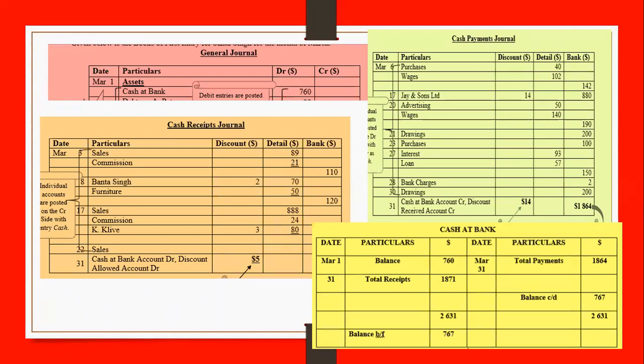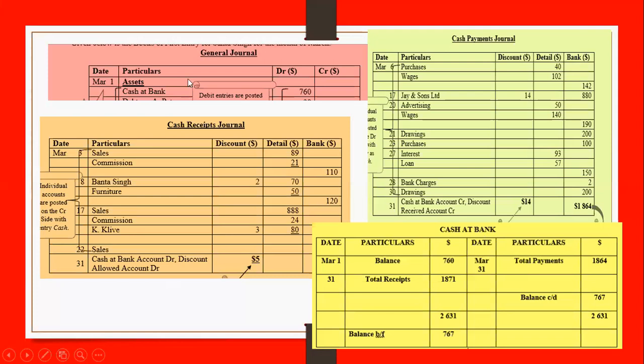Secondly, let's look at the contribution of each journal towards a cash at bank account: first the general journal, then the cash receipts journal, and lastly the cash payments journal.